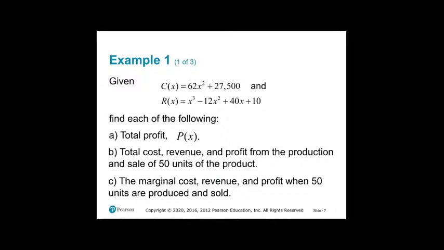Okay. Let me add a page. I want to get this one to go before we look at the notes. Let me get a copy of this cost function and revenue function.